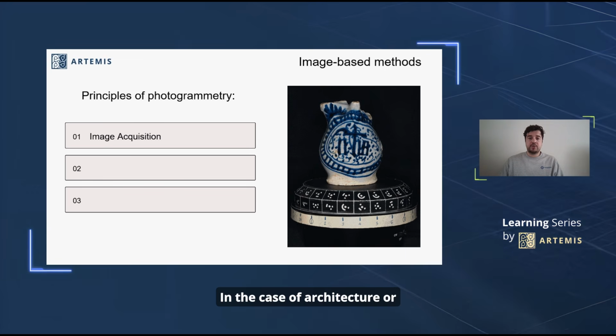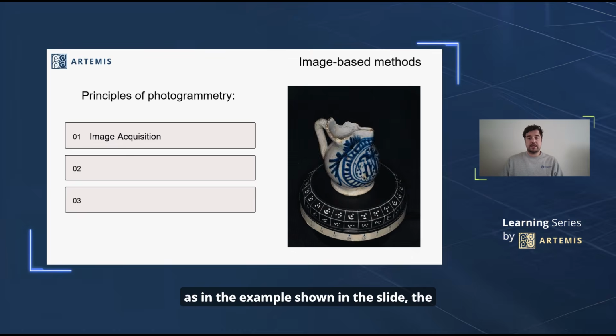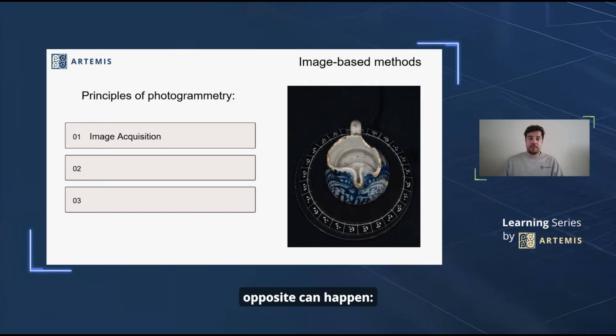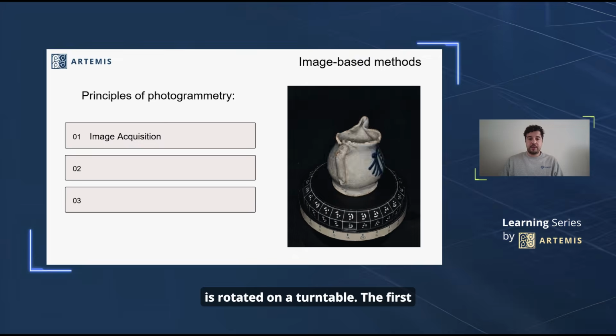In the case of an architectural or archaeological site, it's normally the camera that moves around the subject. For a small object, instead, as in the example shown in the slide, the opposite can happen. The camera remains fixed and the object is rotated on a turntable.